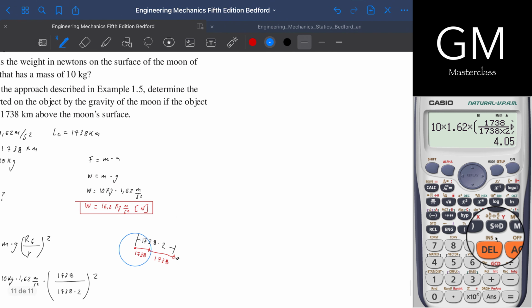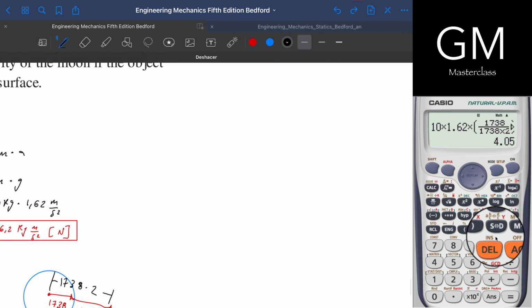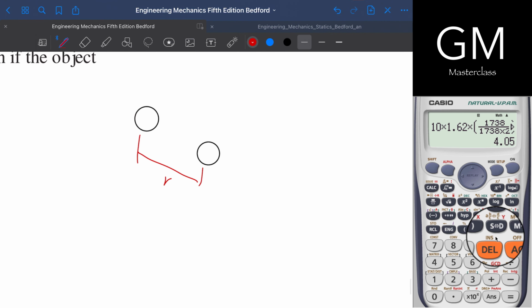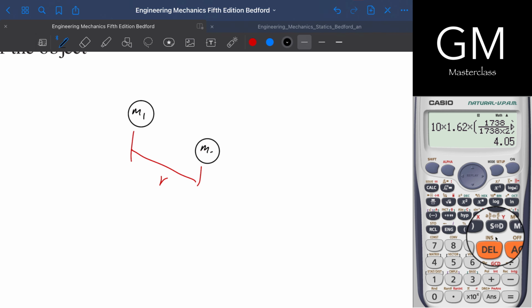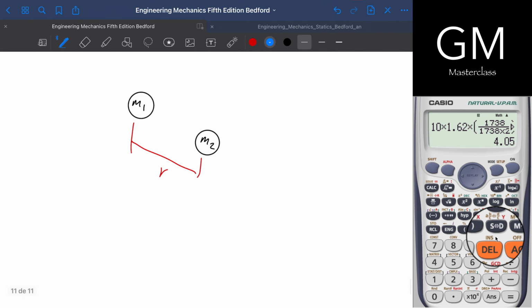Now, when I have two particles, one right here and one right here, separated by a distance that I'm going to call r, and I'm going to call the mass of the first particle m1 and the mass of the second particle m2, a force is going to be generated between them that is actually the same for the two of them.